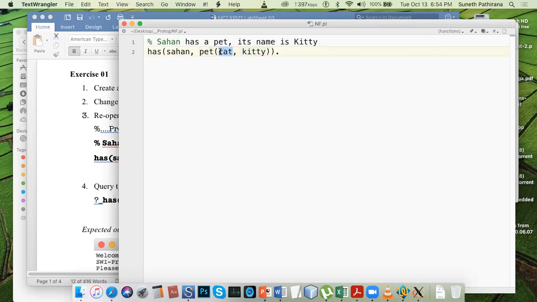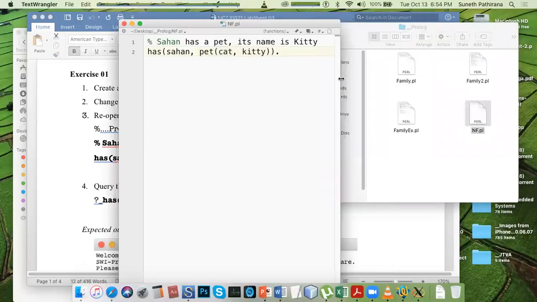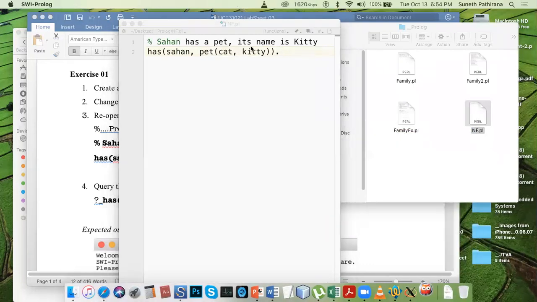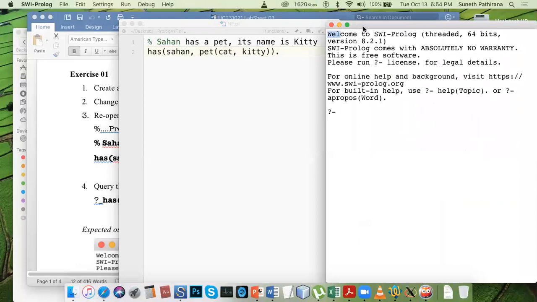The pet is a cat and having the name Kitty. Kind of a composite or somewhat descriptive fact. Very simple, very straightforward. This is not recursion. This is the nested facts. So we will execute this and we will check what are the questions we can ask.